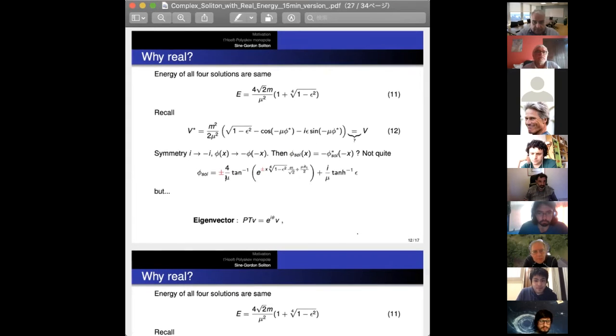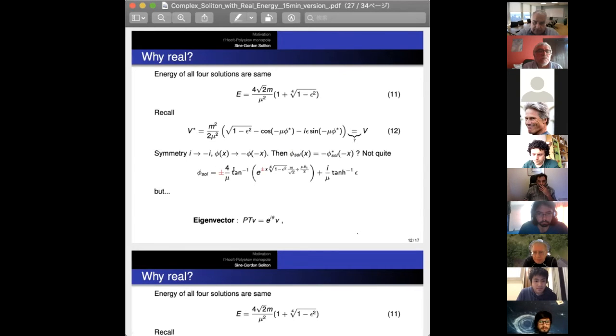However, this isn't quite true because if you look at the explicit form of the solution, if you perform this transformation, all that changes is that this sign flips and this sign flips. So that means PT transformation of this solution doesn't give back itself. It gives a different solution.